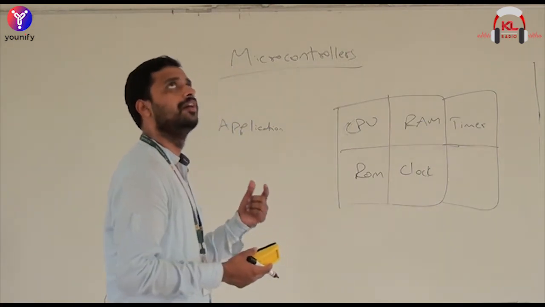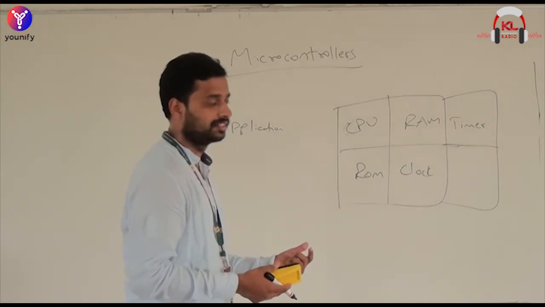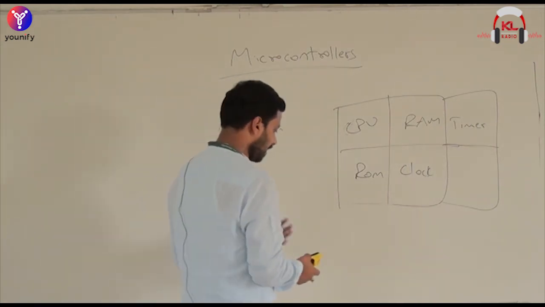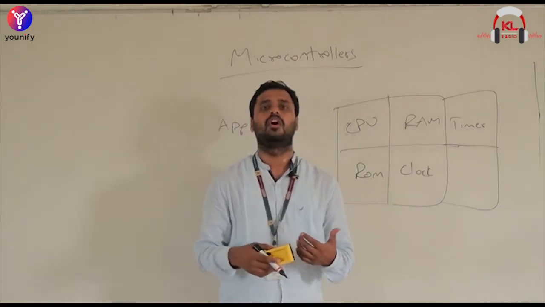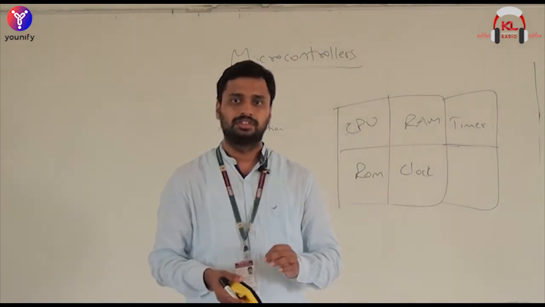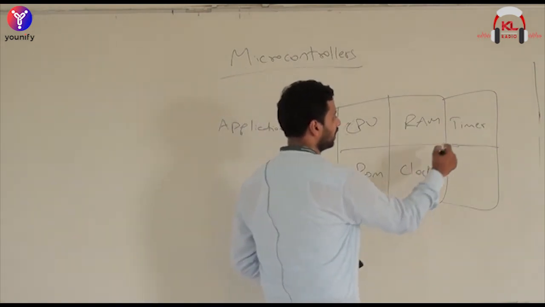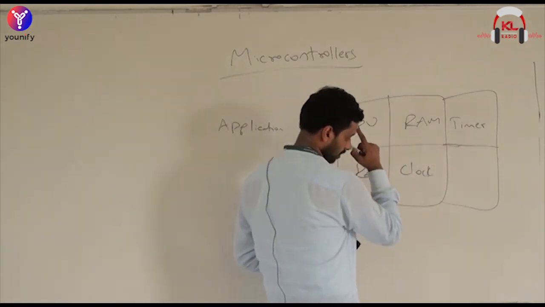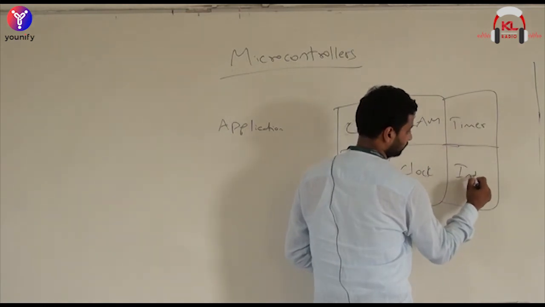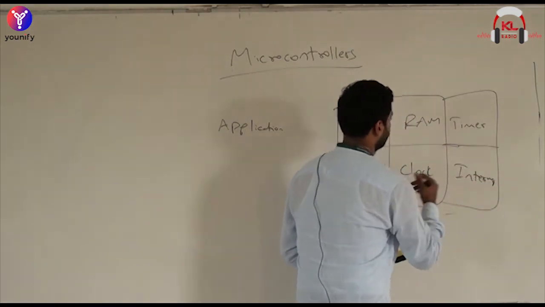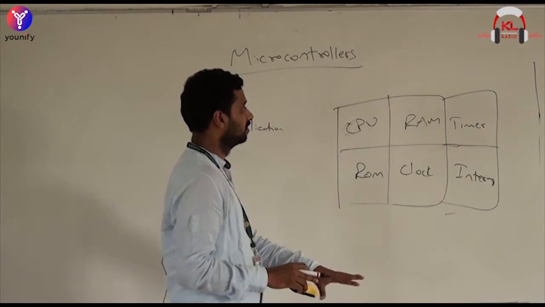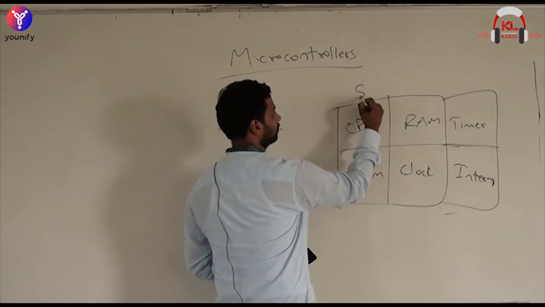Or after every 1 second, should I check whether the fire is there or not? Or after 5 minutes, should I run the spinner or the dryer in the washing machine? So every operation is usually time based. So we require a timer which does the timing part, and maybe interrupts and more. So all these things come on a single chip.